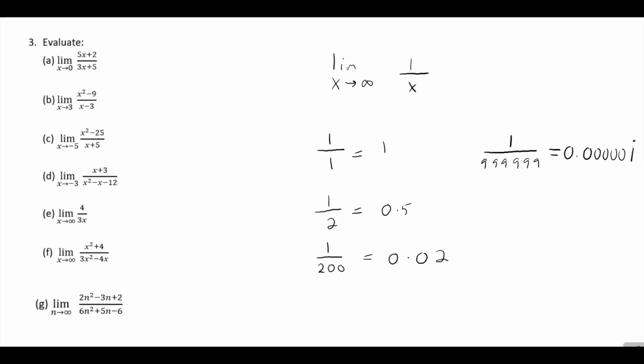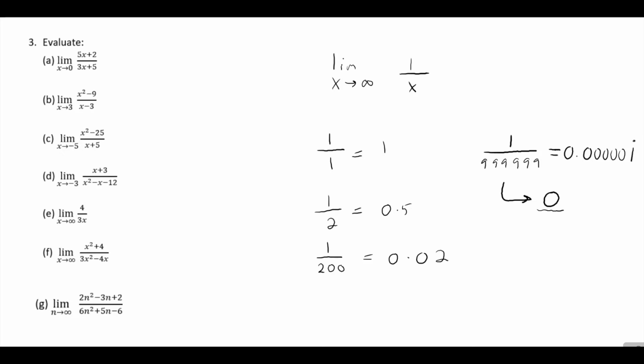So you can see this is going from 1 to 0.5 to 0.02. If this number gets larger and larger, the number here is going to get smaller and smaller. So this one is going to tend towards 0.